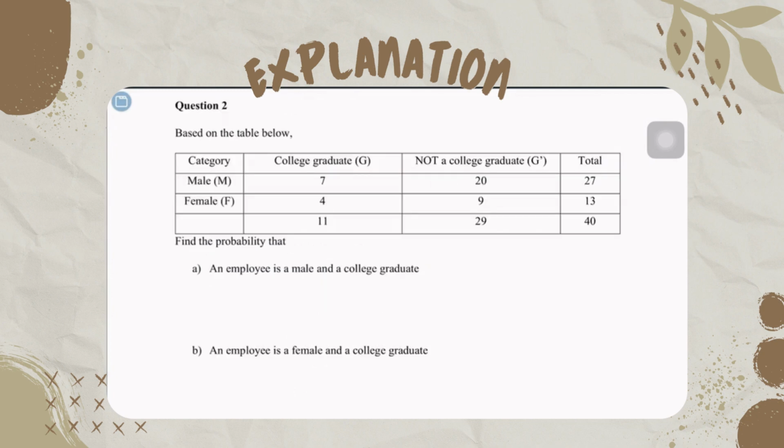Question 2 is based on the table below. Find the probability that an employee is a male and a college graduate.